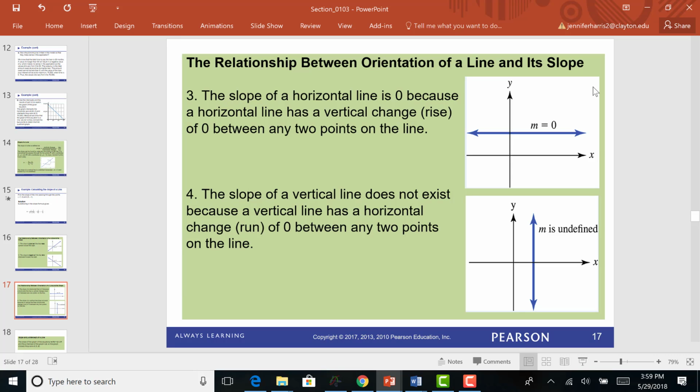Don't make it hard. Don't get deep on me, y'all. What number got duplicated? Done. Okay? So anytime you're given a horizontal line, and that should be on the 3, y'all. Don't ask me why I didn't put it on the 3. It should be on the 3.